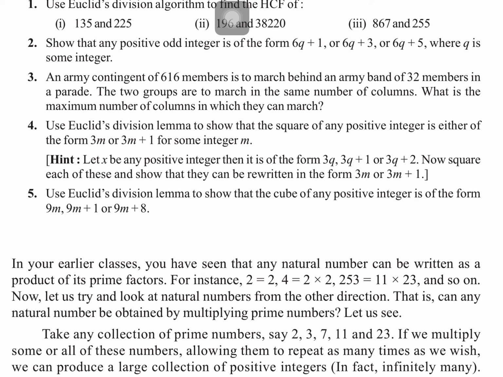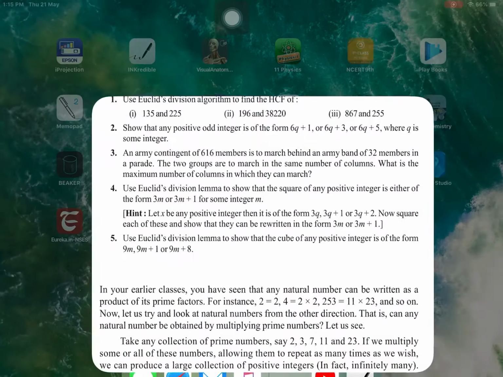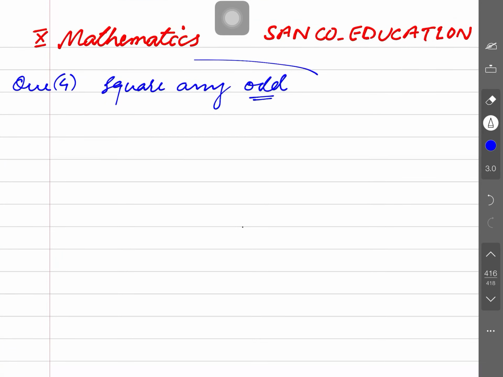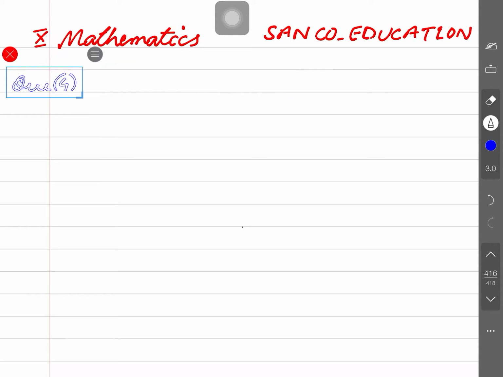First you have to show it for a positive integer. Is that clear? And what type of forms: 3m and 3m plus 1. Now look at this, solution number 4: you have to prove that the square is of the form 3m or 3m plus 1.